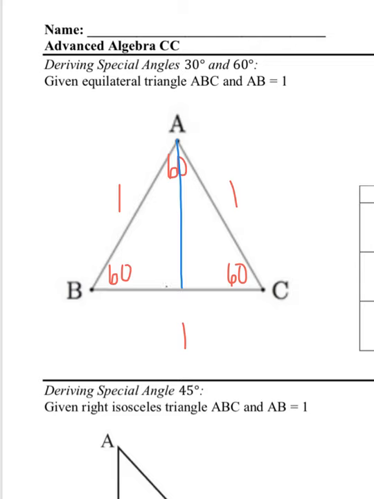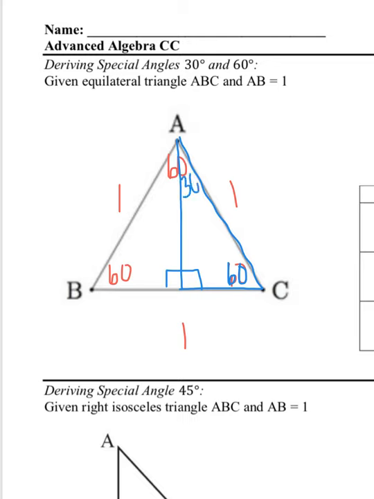Okay, so now I have these as my right angles. So really, we're just going to be looking at this triangle right here. I have my right angle in the bottom left. This is 60 degrees. And again, all of the angles have to add up to be 180. So if I have 90 and I have 60, up here has to be 30.